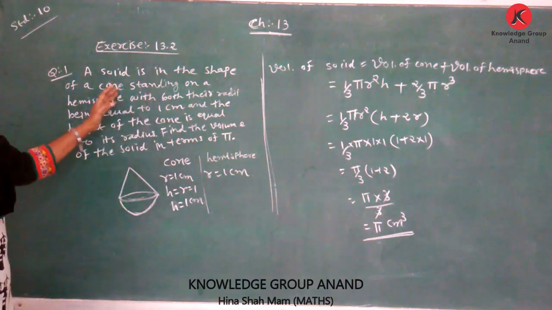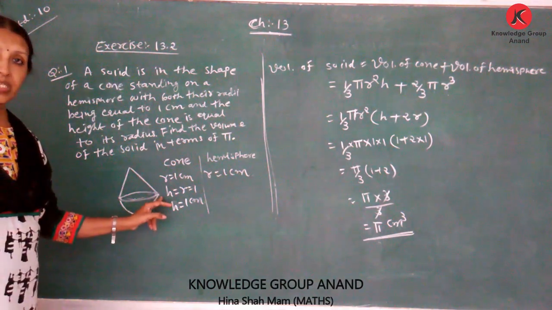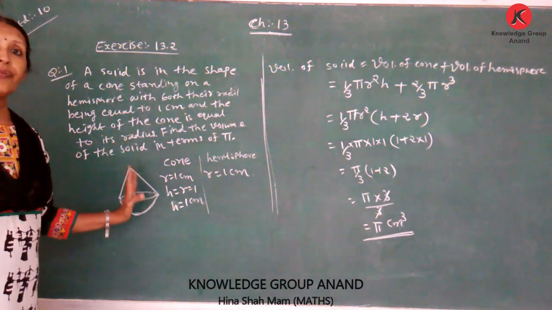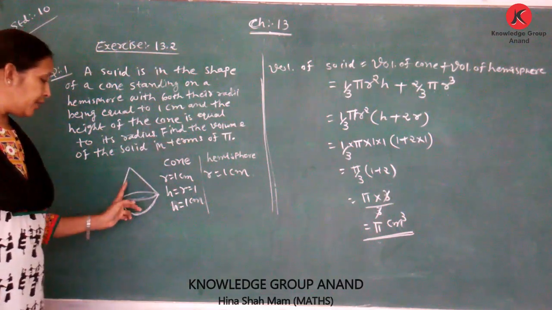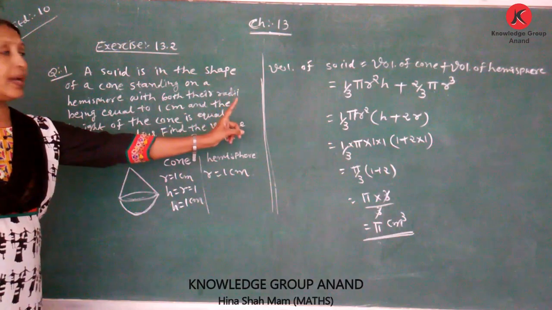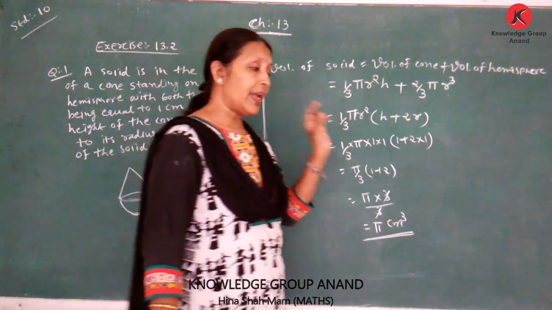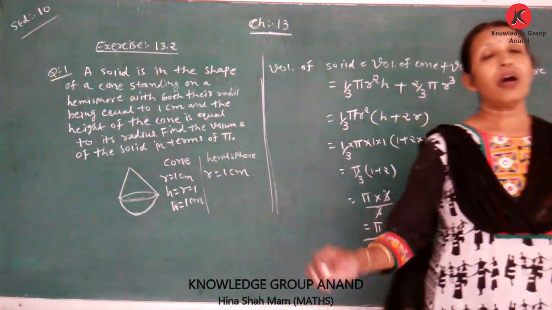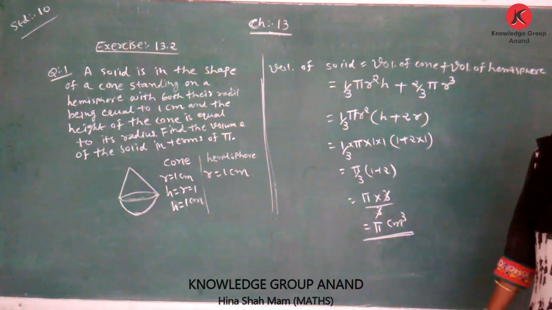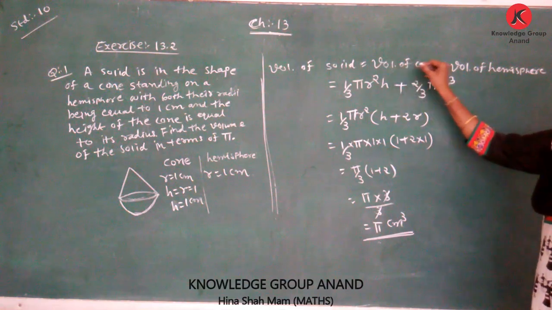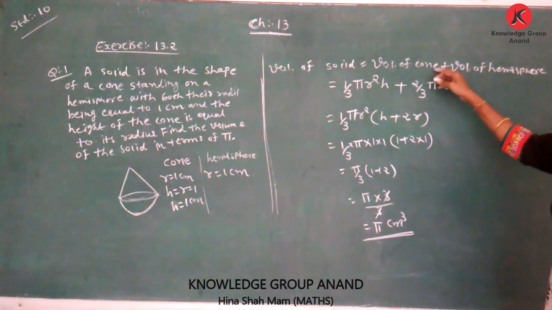Solid is shape of cone with base hemisphere. Find volume of solid in terms of pi. Then we write volume of cone plus volume of hemisphere. First we know all the proper formulas of all solids: cube, cuboid, cylinder, cone, hemisphere, sphere, their total surface area, and volume.